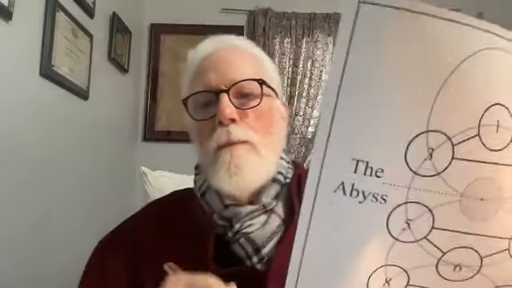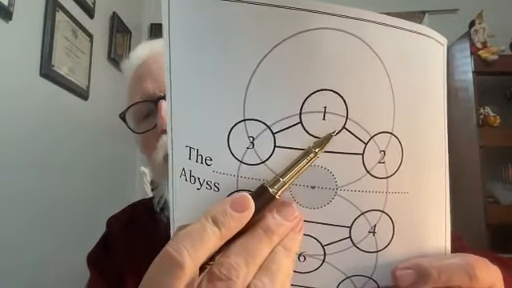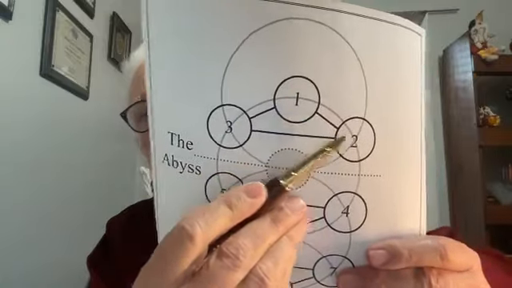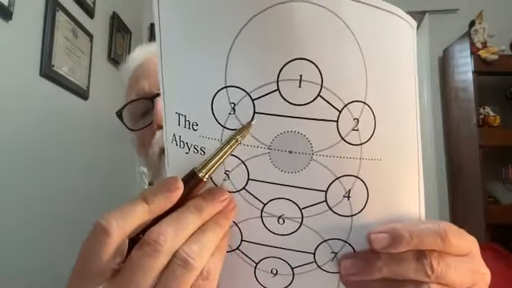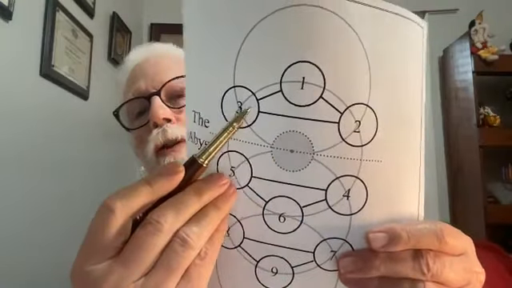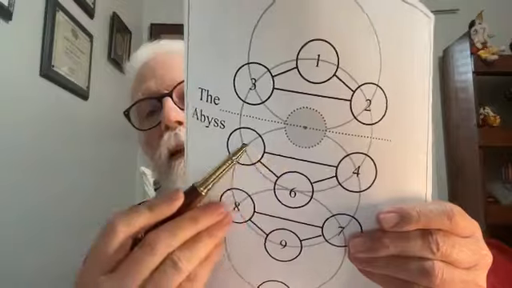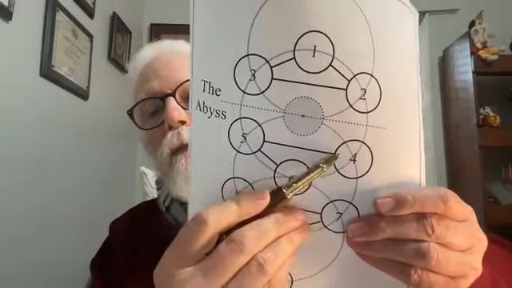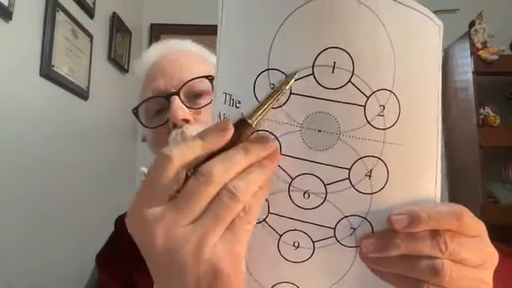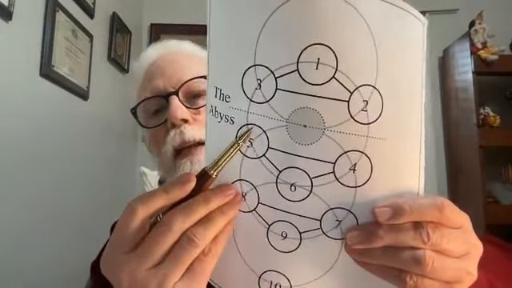Now that same process that caused one to wish to be self-aware and reflect itself is now repeated in this whole supernal triad, which wants to reflect itself. And that's why on the other side, the 4, 5, 6 is just the supernal triad reflecting itself. And this is like a mirror. The abyss is like a mirror.